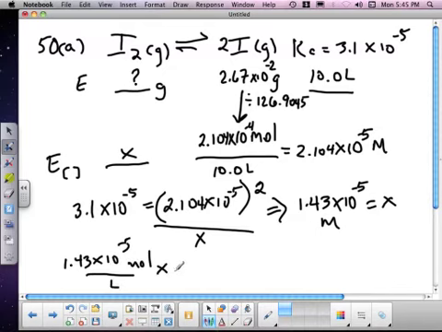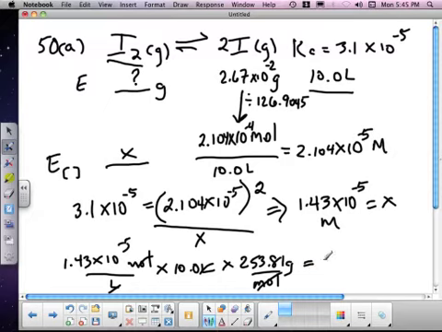Okay, and then get moles into grams, and this time I'm working with I2, so I'm going to take 2 times iodine's atomic mass, 253.81 grams per mole. Moles cancel, and I end up with the grams they asked for, and I got 0.0363 grams as my answer to A. Okay? All right, we're going to do B next.